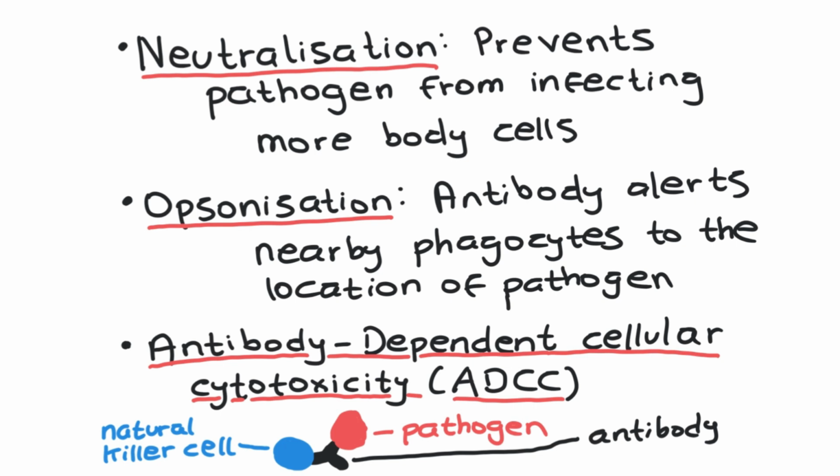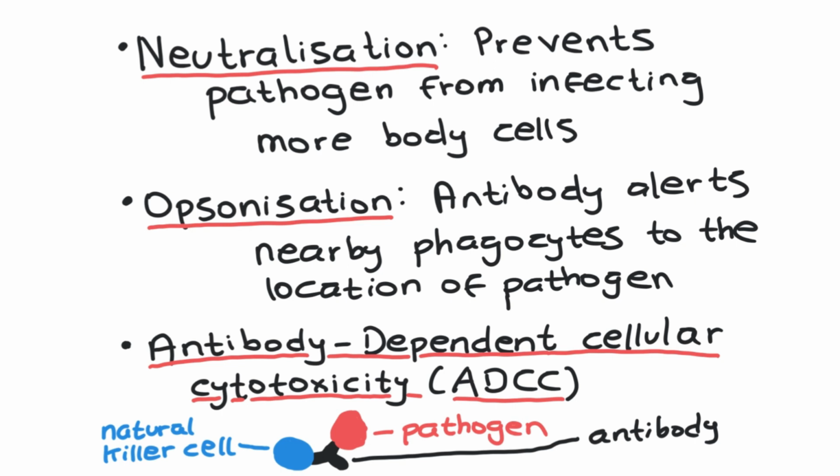Another very important mechanism of antibodies is antibody-dependent cellular cytotoxicity, abbreviated to ADCC. Here I've drawn a little bit of a picture just to give you a visual illustration of how this works. Let's say that we have a pathogen, or we have a cancer cell or a toxin. It can be anything. But the point is that your antibody will bind to the pathogen, and the antibody will also simultaneously bind to a natural killer cell.